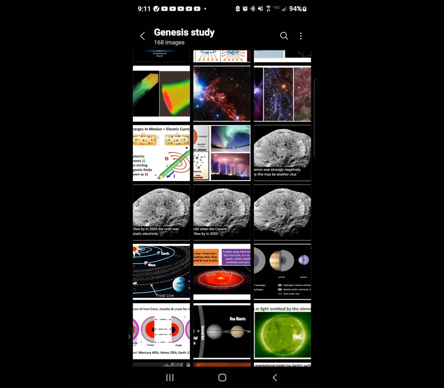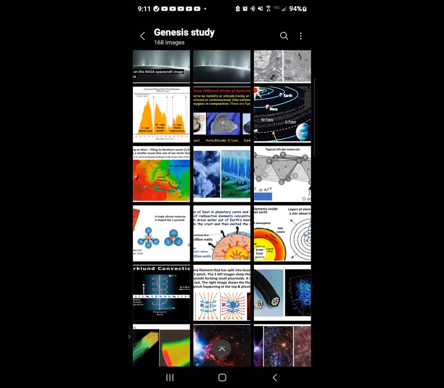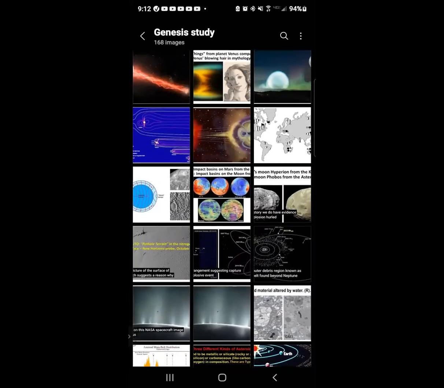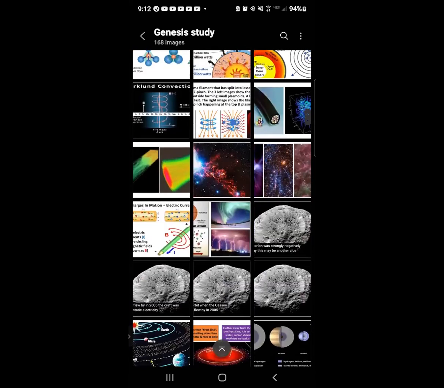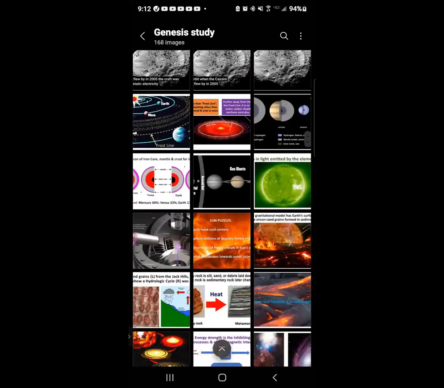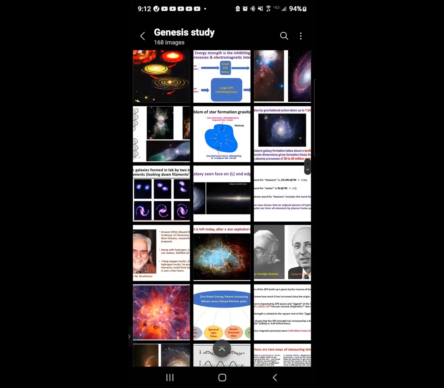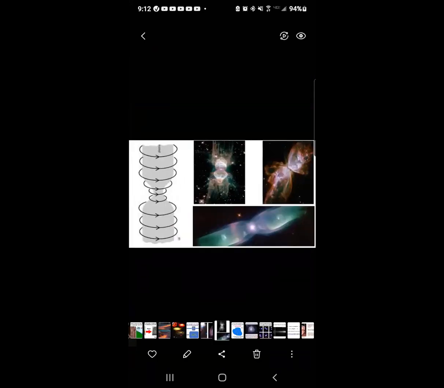Now, when plasma filaments come together, they do something known as a Bennett pinch. And let me get to the images that show a Bennett pinch in space. These are three images of three different star formations and nebulas. One of them is called the Butterfly Nebula.